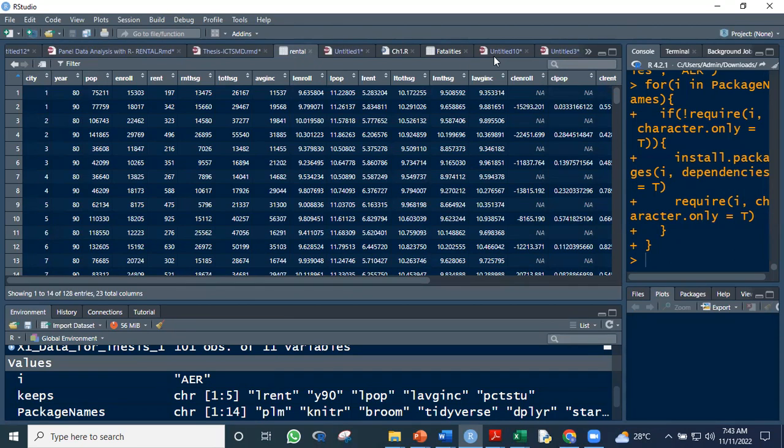So let me pause for a while and kindly chat, please, class, if those different data sets are clear to you. So if you're given a particular data set, would you be able to identify if this is a cross-sectional data, a time series data, or a panel data? Kindly chat, please.